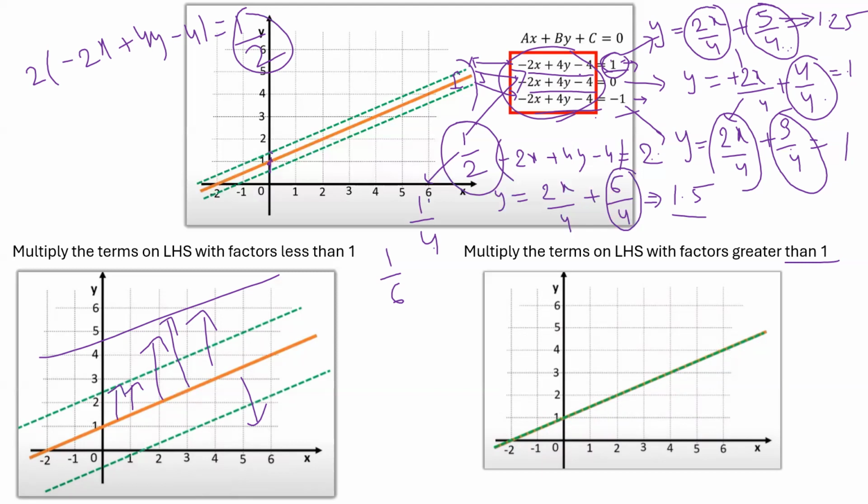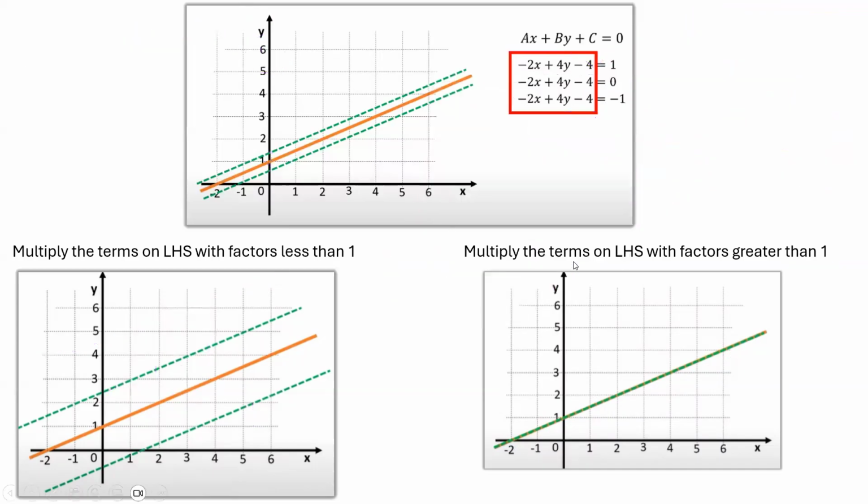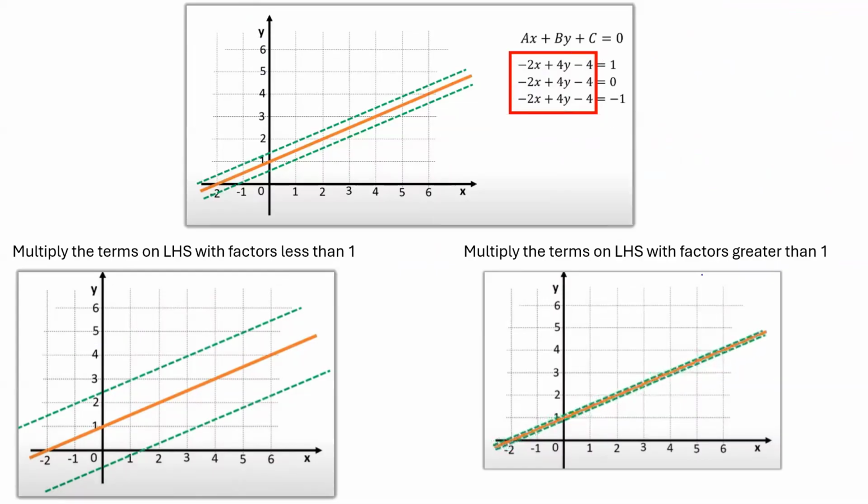So the whole point to understand here is what is happening when we multiply with some factor. With factors less than 1, the parallel lines around it are moving further away from it. When we multiply with factors greater than 1, the lines are coming close to this middle line, right? That is what is happening.